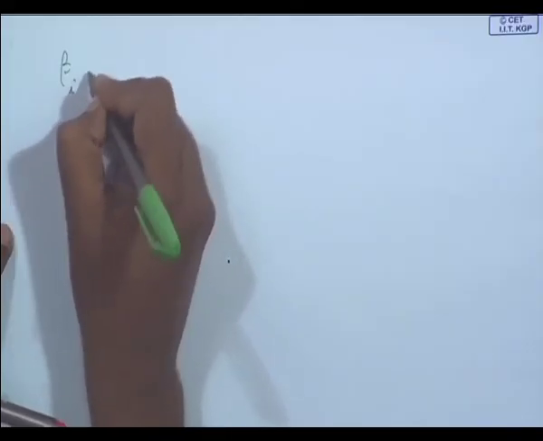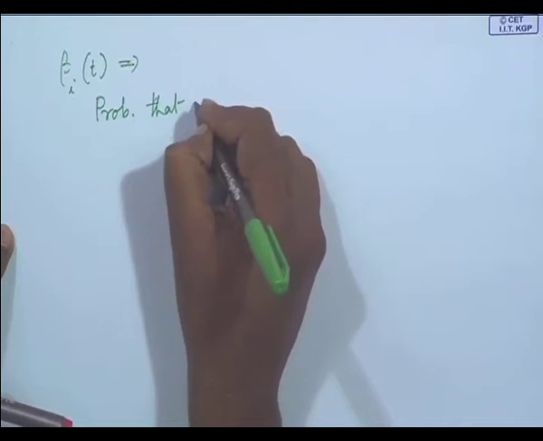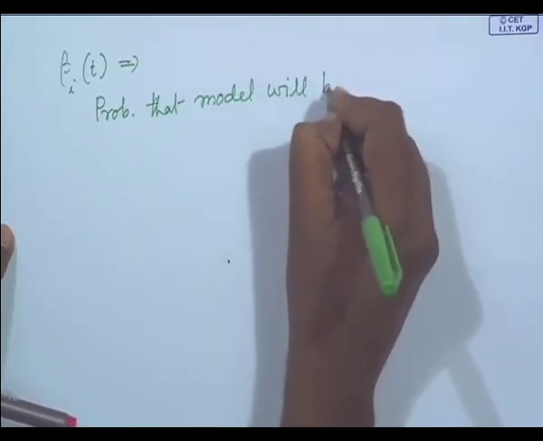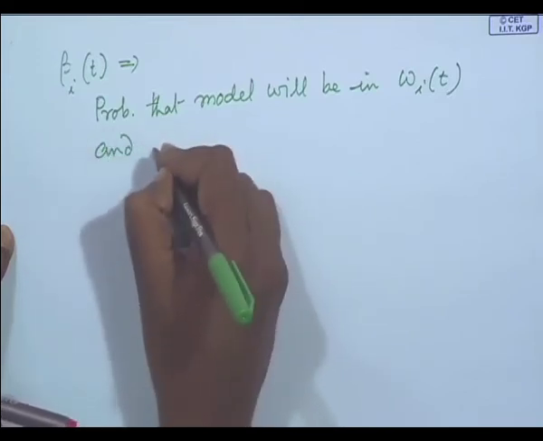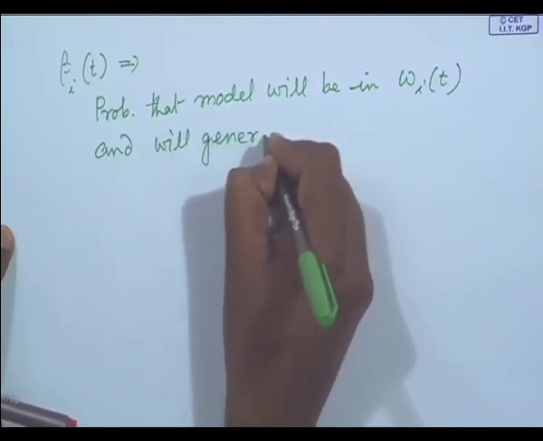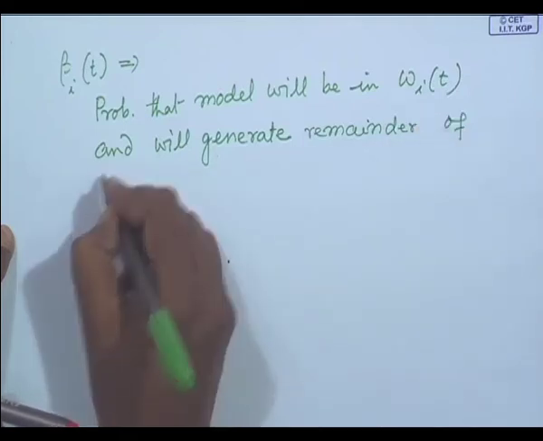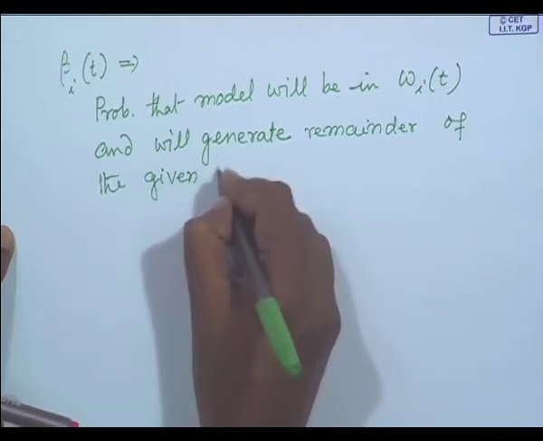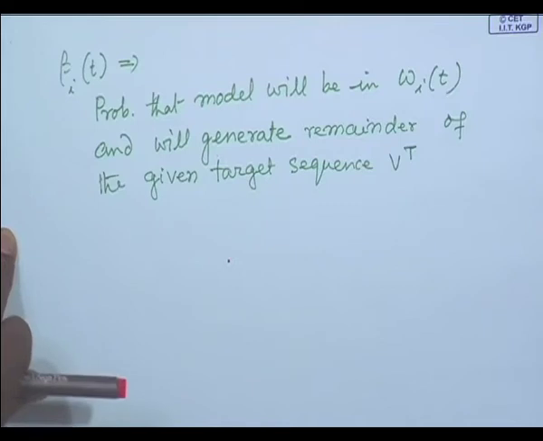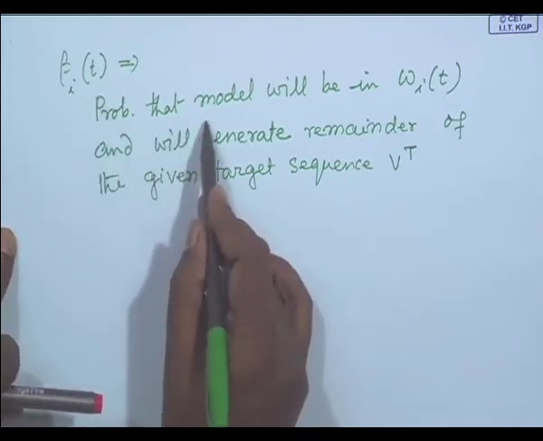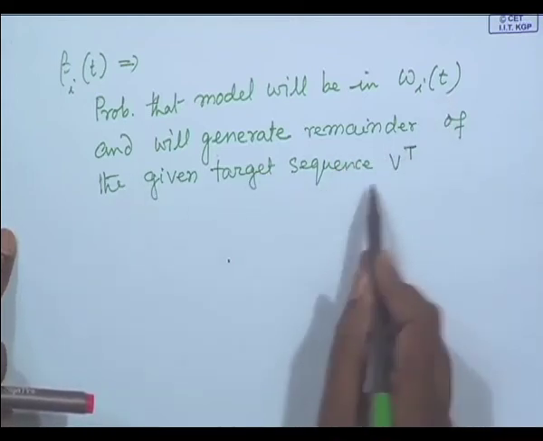or say beta it, this actually represents the probability that the model will be in state omega i at time step t and it will generate the remainder of the given target sequence VT.